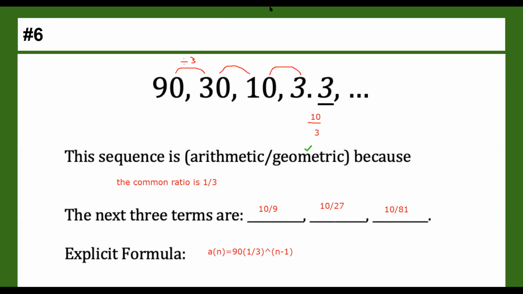If I wanted to write this more formally, it would be A of n equals 90 times 1/3, and then n minus 1 up here. And if I had to type this into my graphing calculator, I want to make sure that I have parentheses around the 1/3, n minus 1.